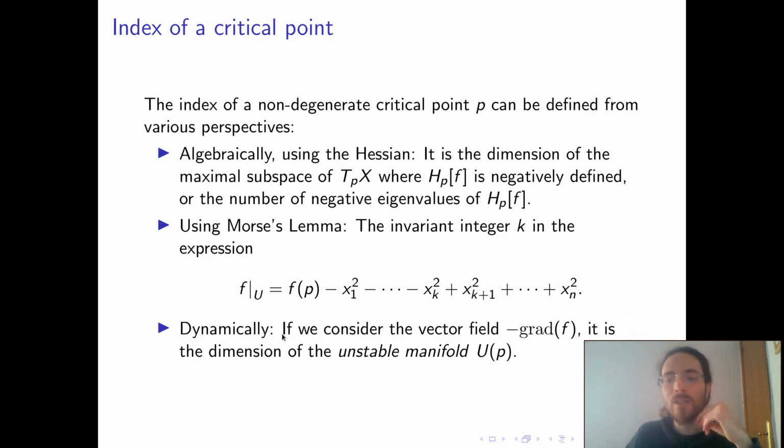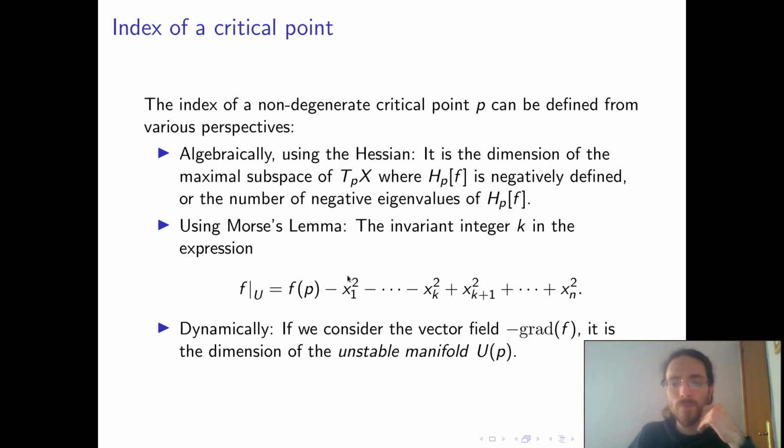If we look at the dynamics of this vector field, at least close to our critical point, as this is not degenerate, we see that we can only have an unstable and a stable manifold. So the easiest thing is to take the index as the dimension of the unstable manifold.